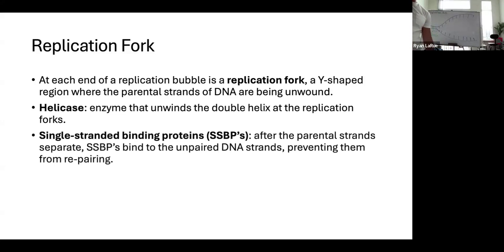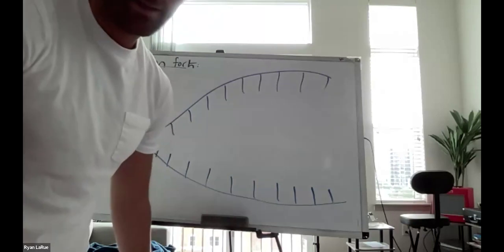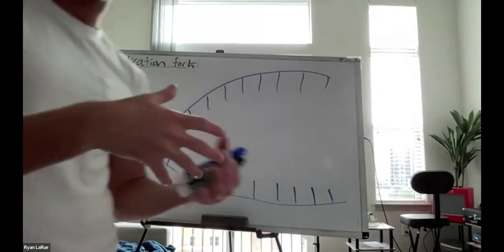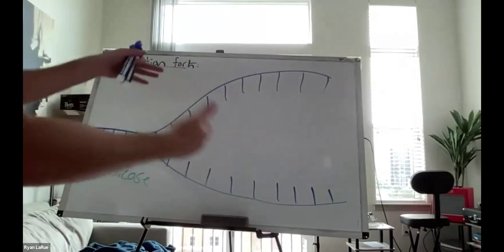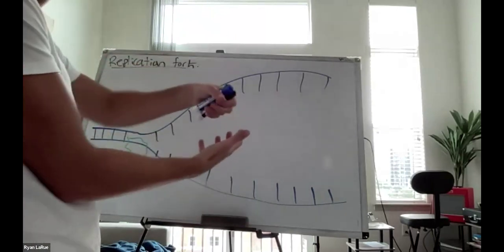Next up, we have something, these aren't enzymes. They're called single-stranded binding proteins, or SSBPs. Now, as we know from hydrogen bonds, opposite partial charges coming together, these strands want to come back together, of course.